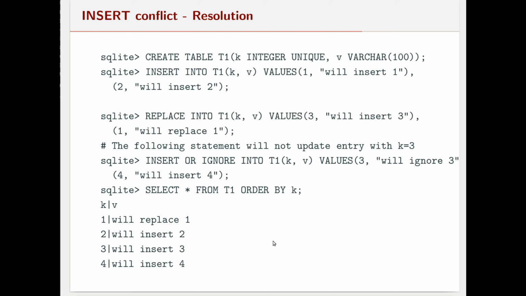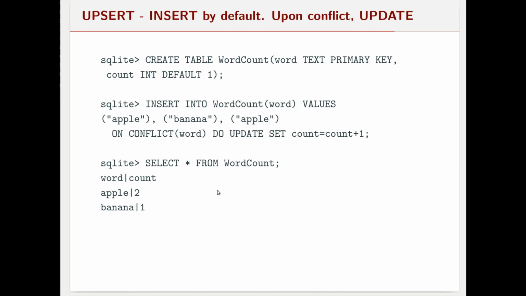Turns out there is actually a nice way to do this in the SQLite 3 world. This one either updates or performs an insert. Let's see this with an example. Here we have the word count table. The reason for picking this is that, for those of you coming from a big data world, word count is pretty much like the hello world program.